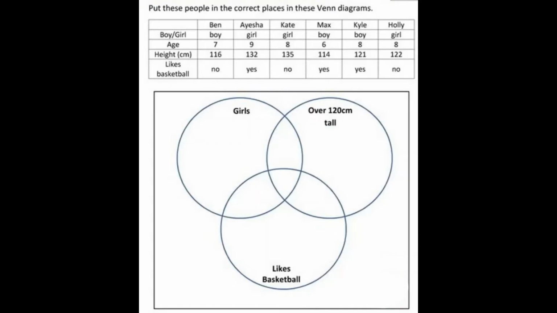Now, the three categories, I'll go over it, are girls, over 120 centimeters tall, and likes basketball. Okay, and if you look here in the chart, it's got boy and girl, and it doesn't seem like we're going to have anything to enter for the Venn diagram regarding just boys, so we can focus on the girls.